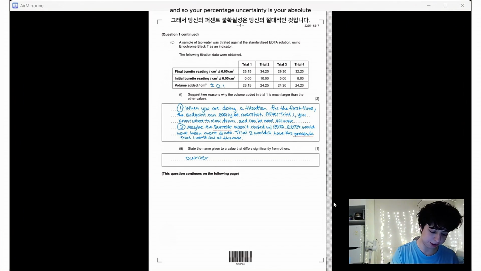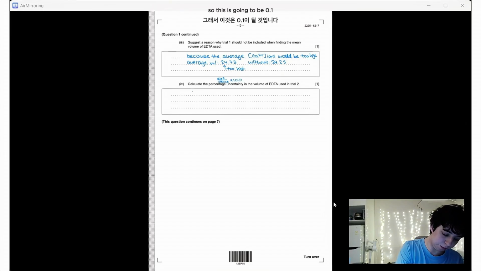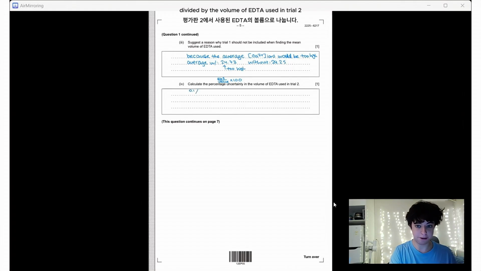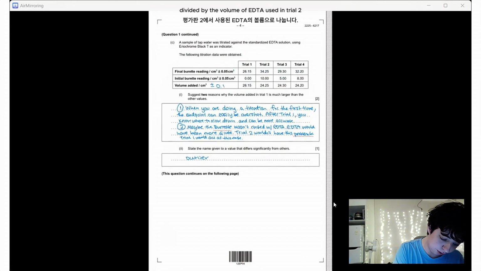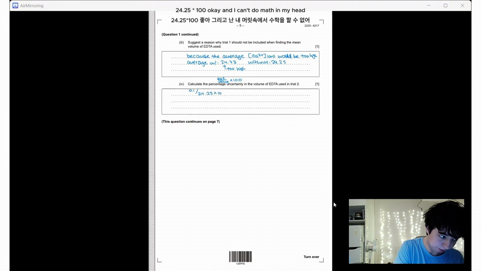Your percentage uncertainty is your absolute uncertainty divided by your value, times 100. So this is going to be 0.1 divided by the volume of EDTA used in trial 2, which is 24.25, times 100.